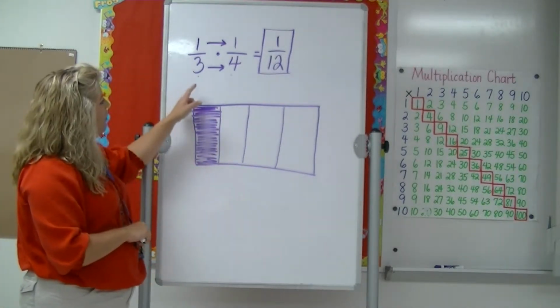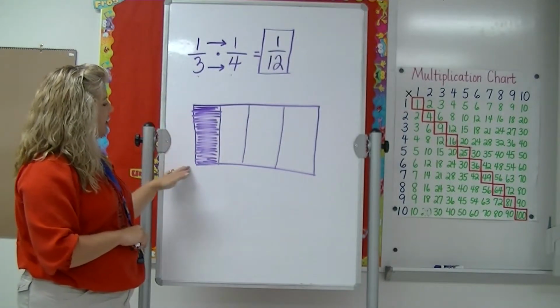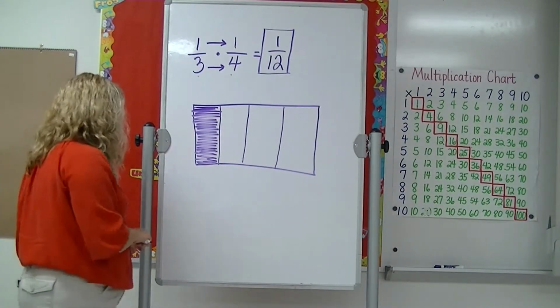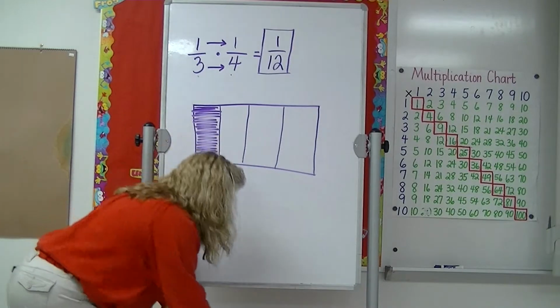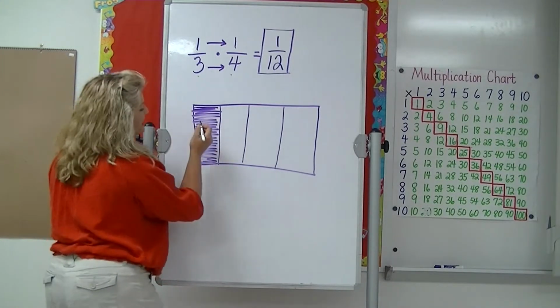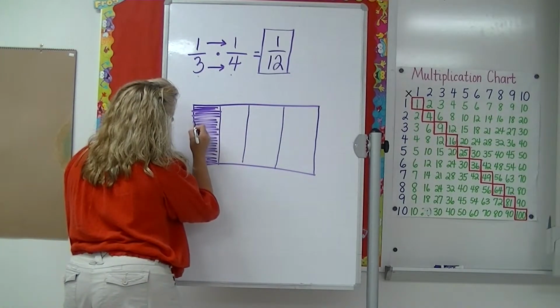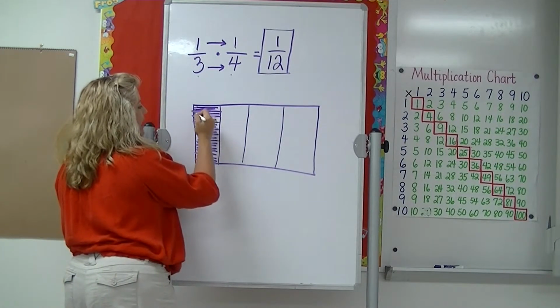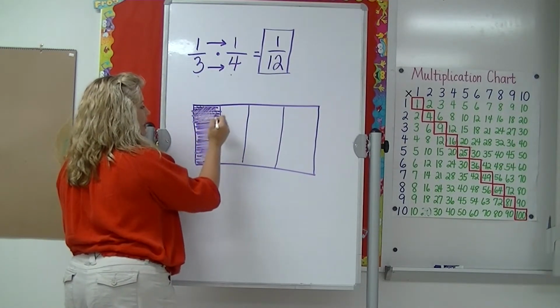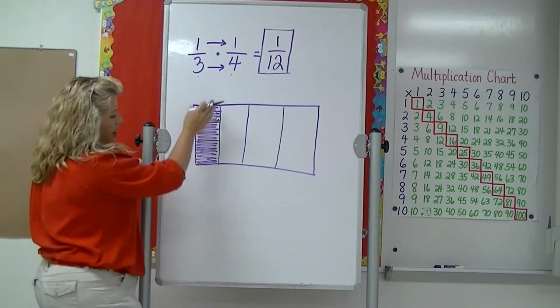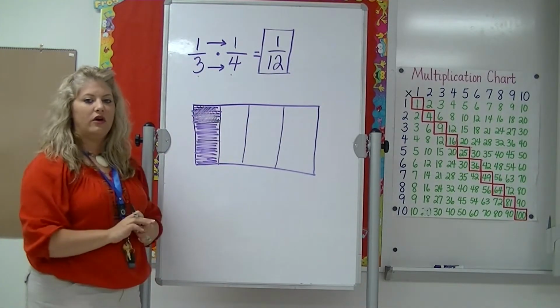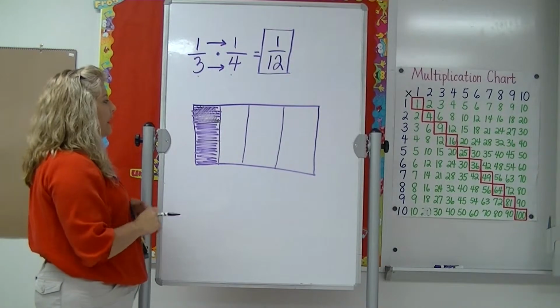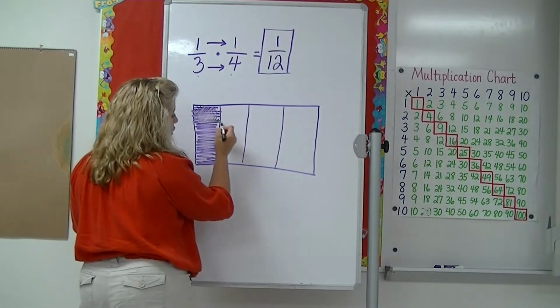Now, I want to take 1/3 of this 1/4, and I can do that. I can divide this into thirds, and I can take 1/3 of 1/4. When I do that, I need to think about the whole picture.